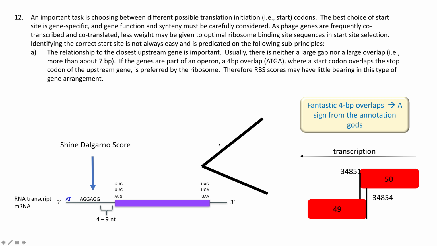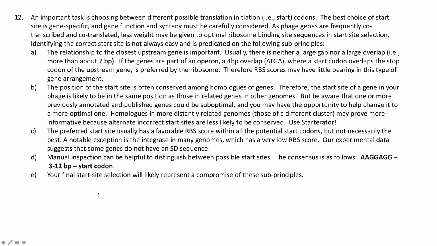And so here I'm indicating that this evidence outweighs a poor Shine-Dalgarno score. Okay. This is a whole lot of text. This comes down to more ideas about how to weigh your evidence and figure out which piece of evidence to rely on in order to make your decision.